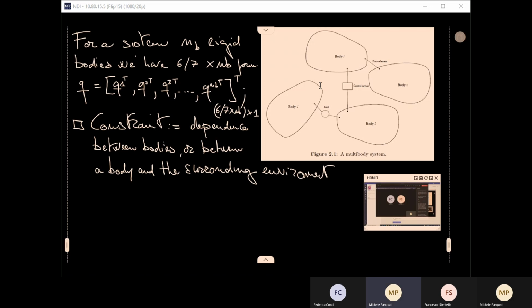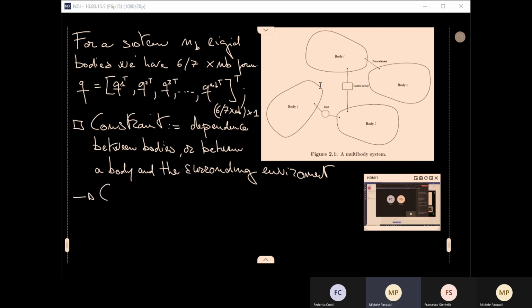So what do constraints do when they enforce this dependence between bodies or between a body and the environment? They basically come in the form of equations, okay? And these equations involve what? Some, possibly all, of the parameters. So these equations are enforced in terms of the generalized parameters, okay?